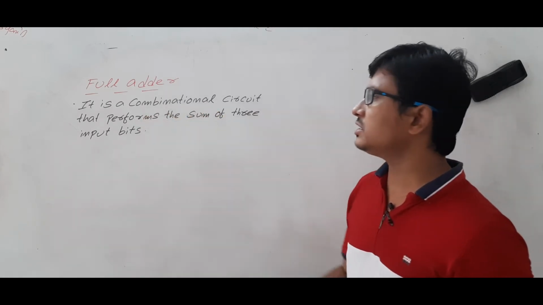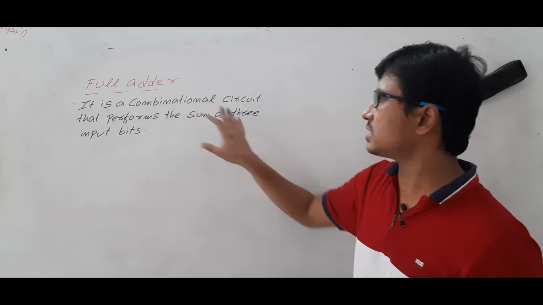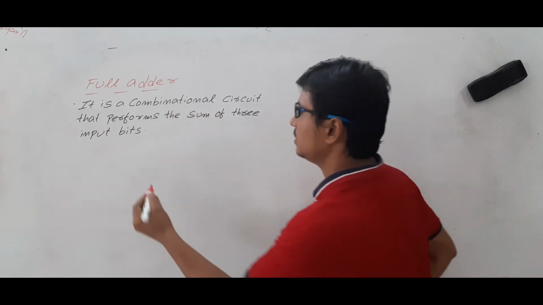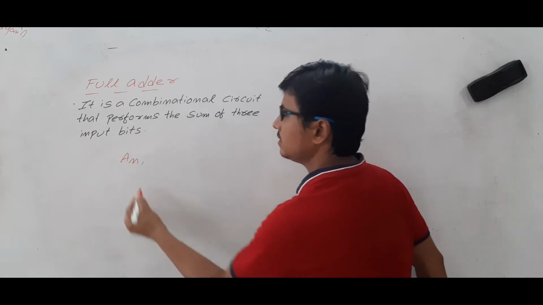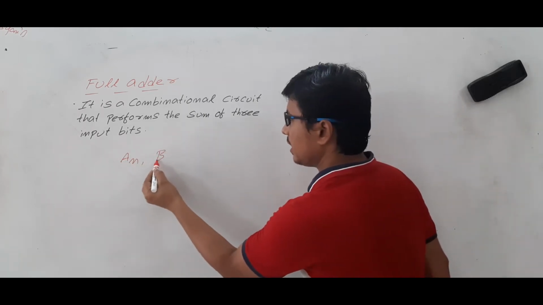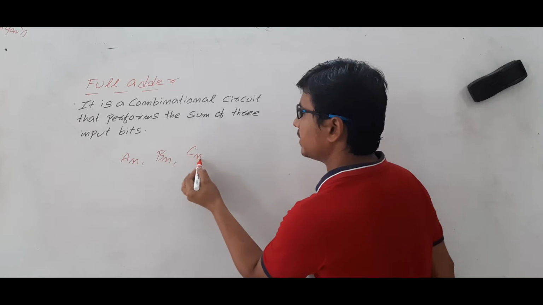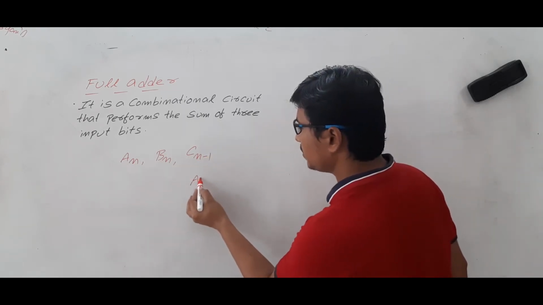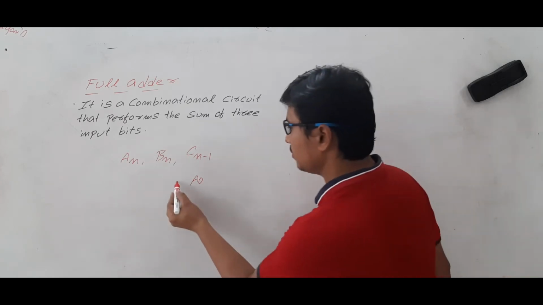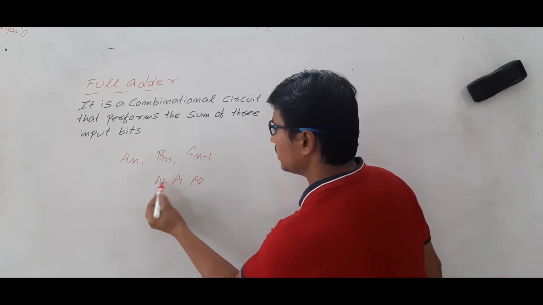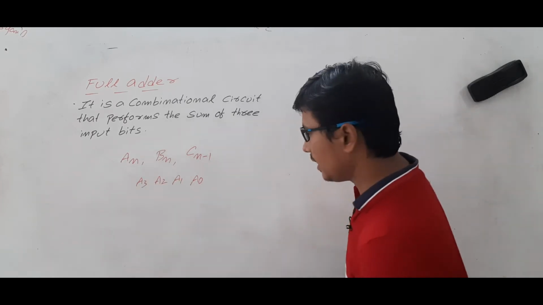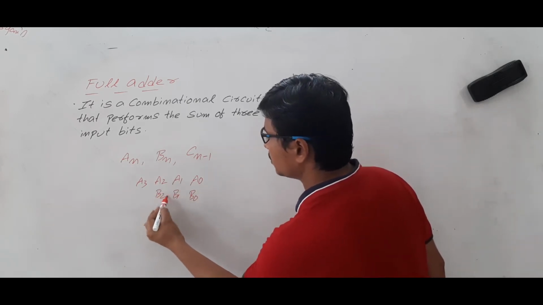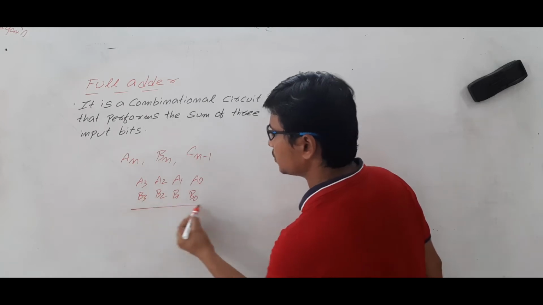It is a combinational circuit that performs the sum of three input bits. What are they? They will be An, Bn and Cn minus 1. How is it so? If you take a 4-bit binary number A0, A1, A2, A3 and another 4-bit binary number B0, B1, B2, B3, these are the positions.